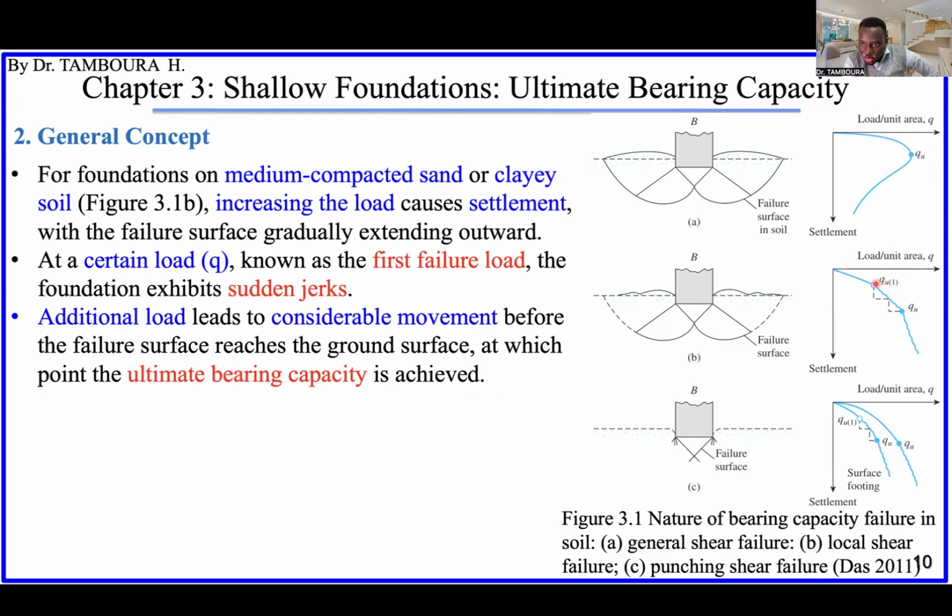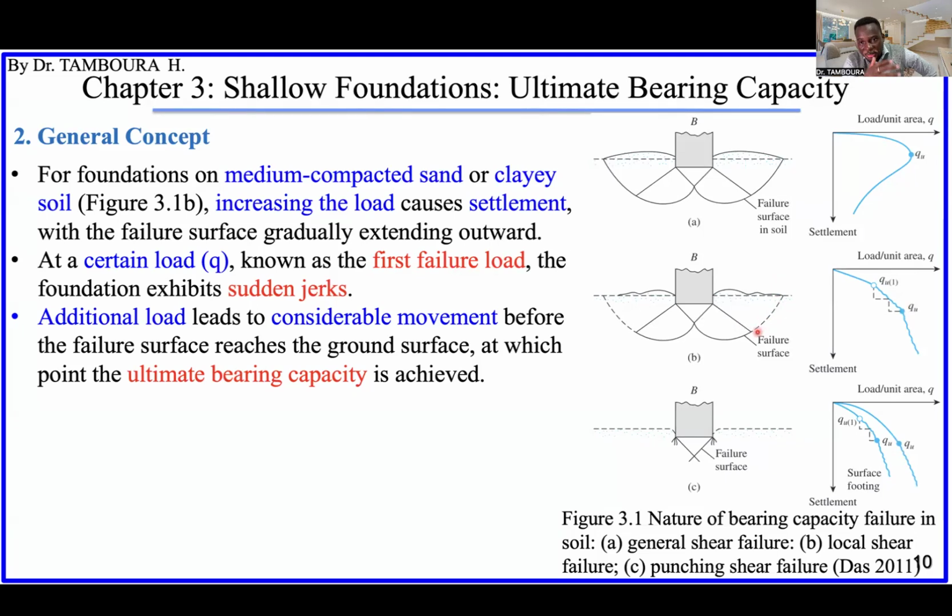It means you continue. If you're here, the direction changes, and you continue adding load, and you will reach another change of direction like this. And this is where you reach the ultimate bearing capacity, and the shear failure will reach the surface. Okay.